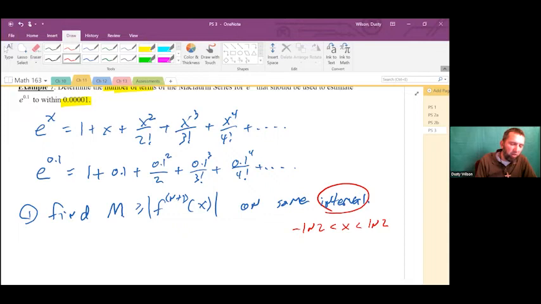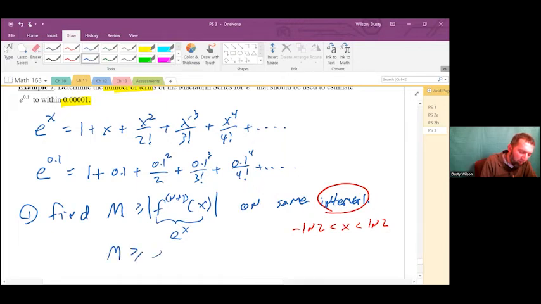And so if we did that, notice that our nth derivative of e to the x is always e to the x. So we want our M to be bigger than or equal to e to the x.